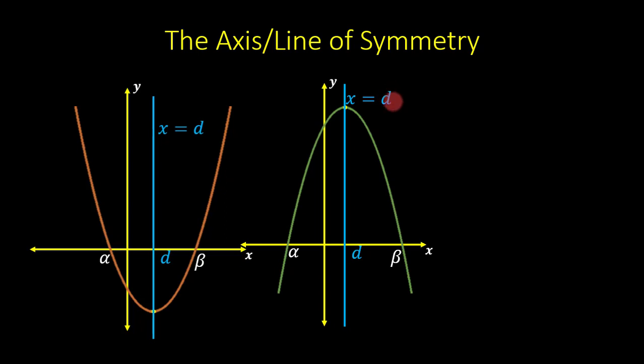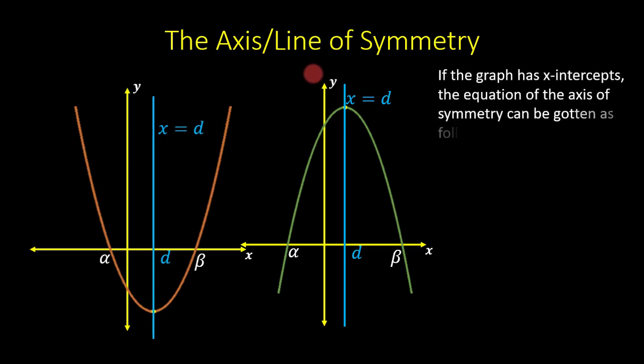Now, we can determine the equation of the axis of symmetry by using the roots. If the graph has x-intercepts, the equation of the axis of symmetry can be gotten as follows: x is equal to half, brackets open, alpha plus beta, brackets close.